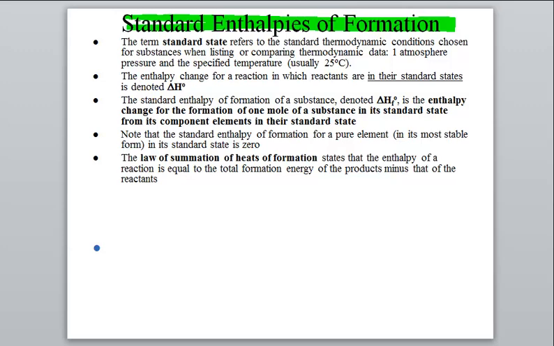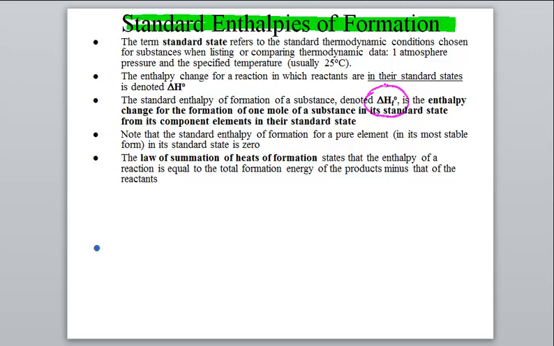So if you're forming water, what's its enthalpy of formation? What's the energy change to form water from elemental hydrogen and elemental oxygen? This energy change, this enthalpy of formation, is designated by that symbol, delta H, and there's a subscript F.